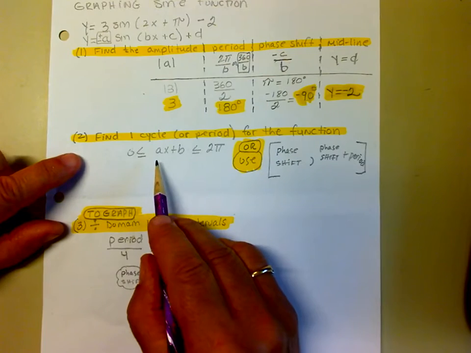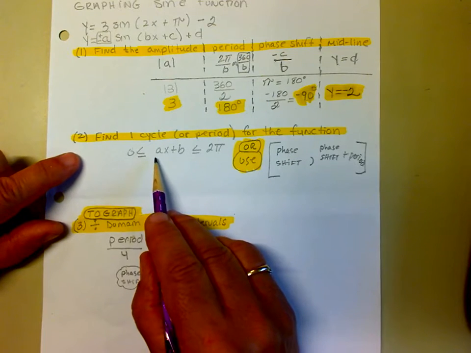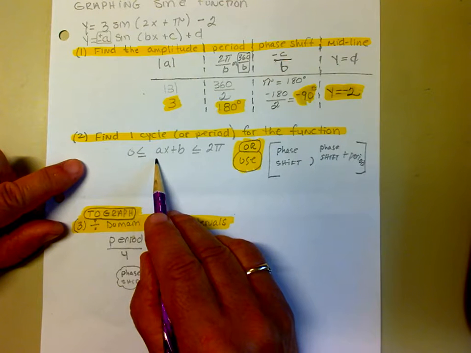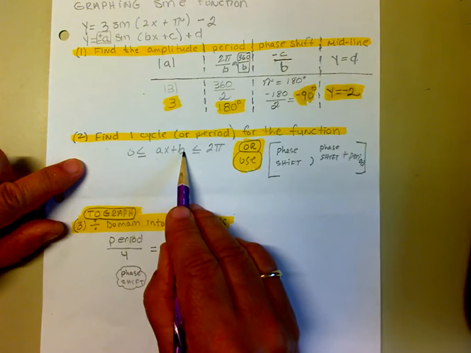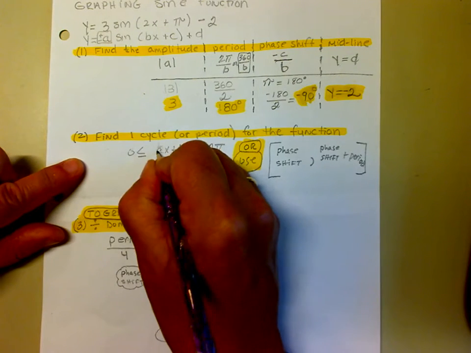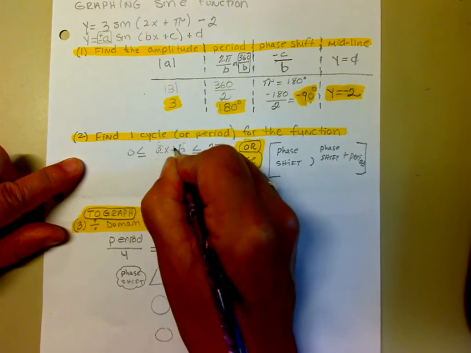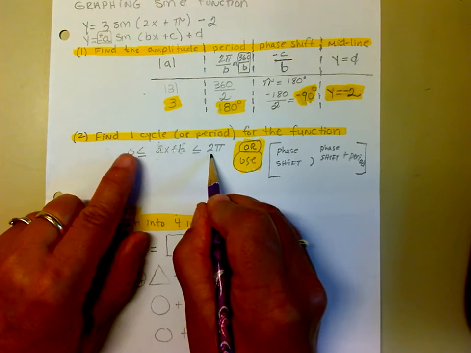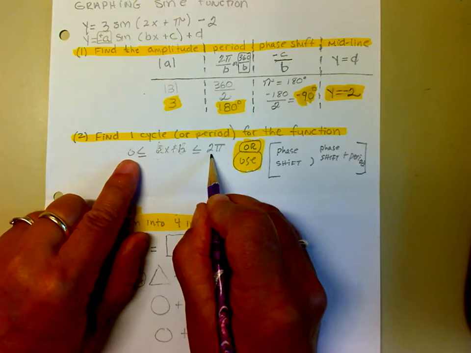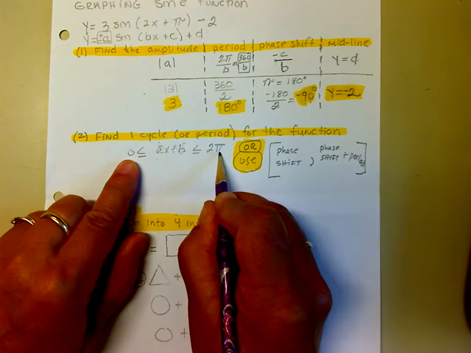Now, to find a complete cycle from beginning to end, there are 2 ways we can do this. One, we can use the bx plus c, given one complete cycle of the sine function is from 0 to 2 pi or 360 degrees.